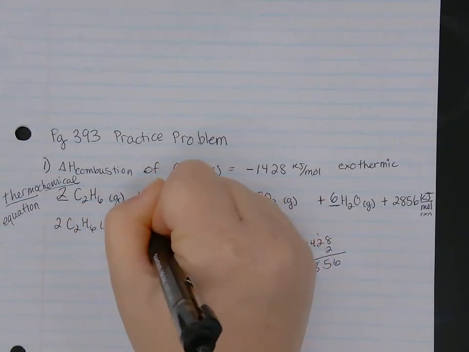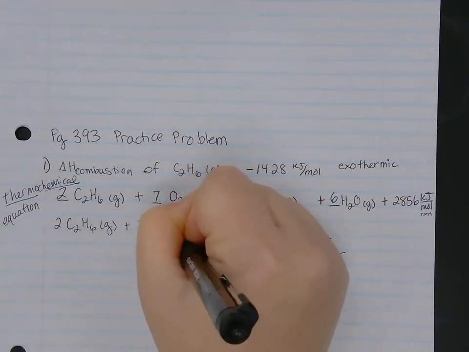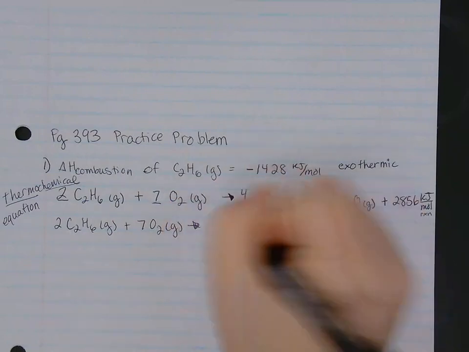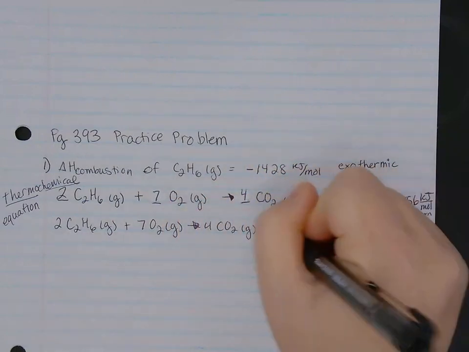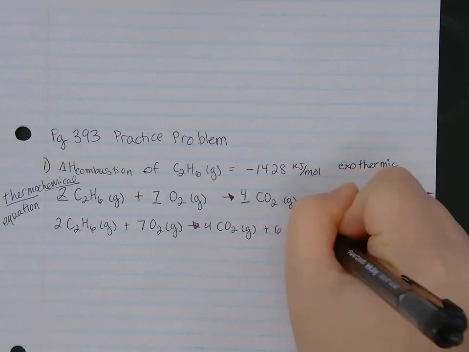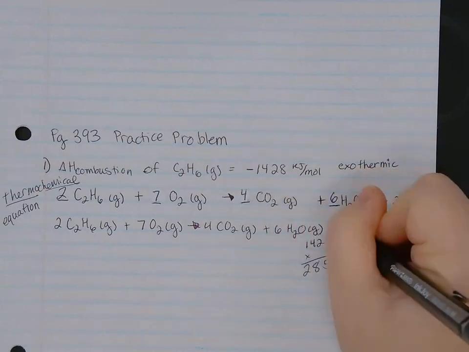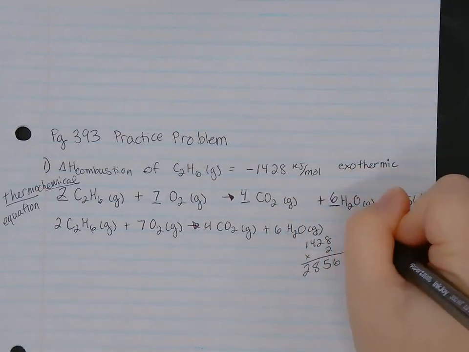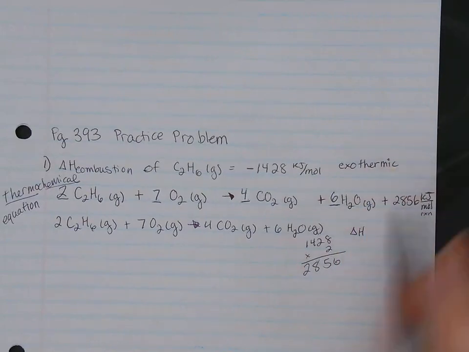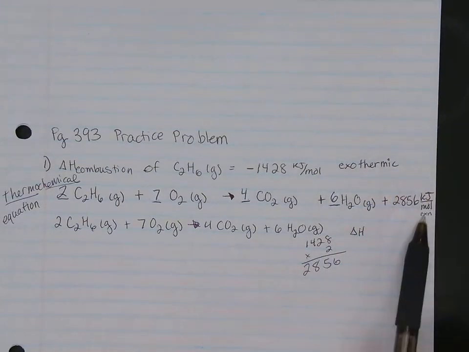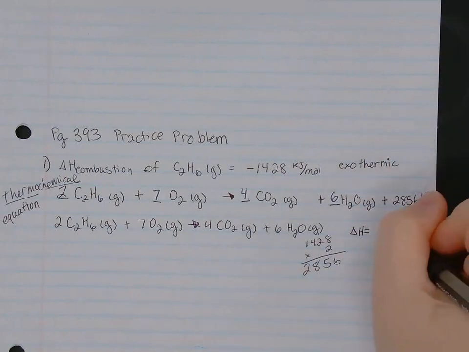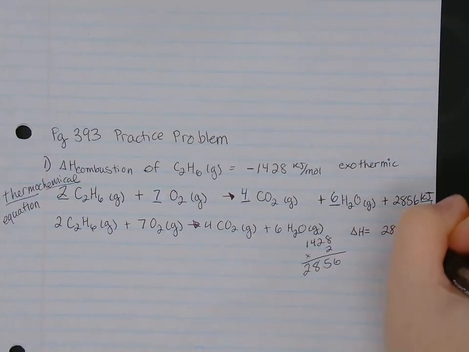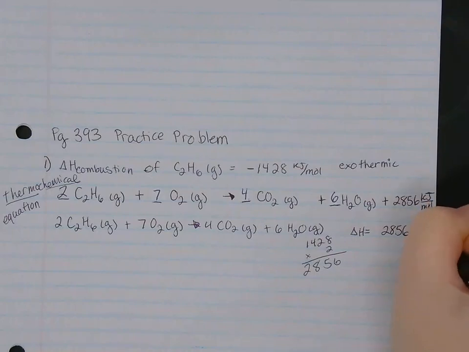That doesn't change. 6 water. And then to the side, instead of writing the energy as part of the reaction, we write delta H. And then we have our number, 2856 kilojoules per mole reaction.